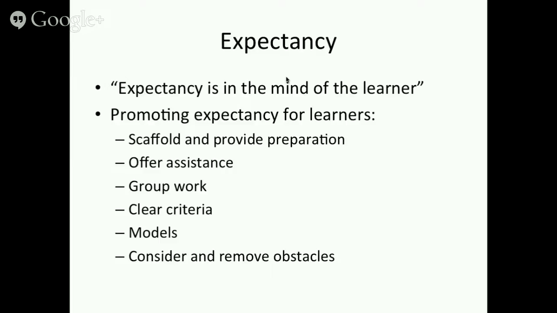You can also scaffold and provide preparation. So giving them the proper materials leading up to a certain task, and giving them detailed explanations and everything. That's going to be really helpful. It gives them the background that they need to be successful. Give them help when they're doing the work.